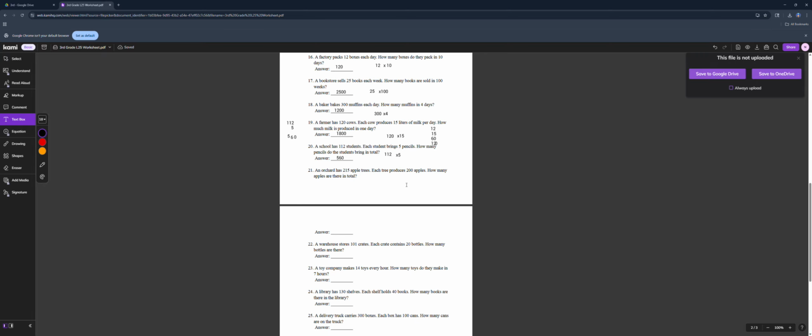Number 21, an orchard has 215 apple trees, and each tree produces 200 apples. How many apples are there in total? Just 215 times 200. You could do the same thing here where you could just put in the 2 zeros later, so we just have to do 215 times 2.